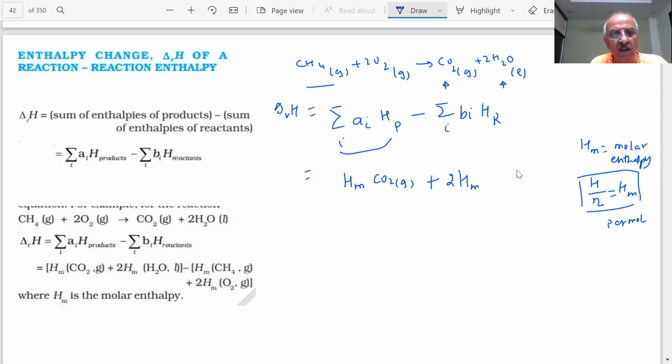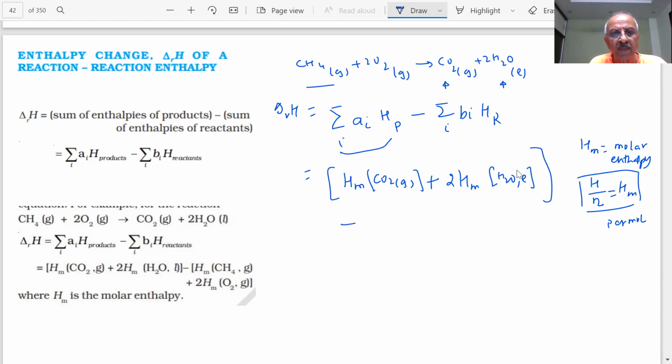Molar enthalpy of what? We write water. Here we have to specify the state also. Water is in the liquid state. Carbon dioxide is in the gas state. This is the products. How many products were there? 2 only. So this is the enthalpy of the products.